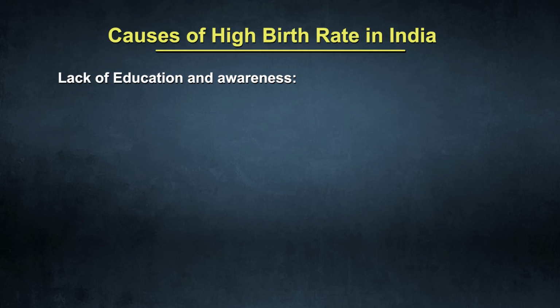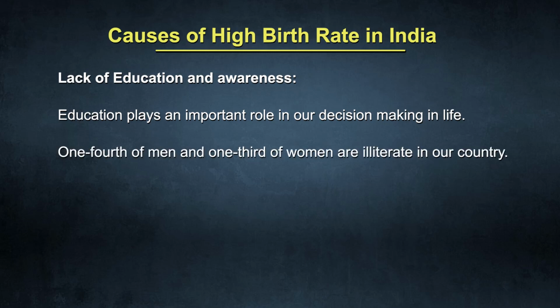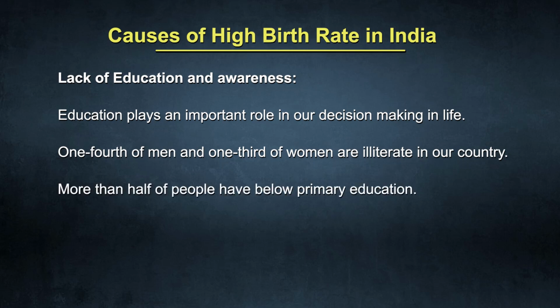First one is the lack of education and awareness. Education is a very important factor in our society, in the development process of a country. But in our country, more than 1/4 of the male people are illiterate, and more than 1/3 of the female people are illiterate. Not only that, the percentage share of people having an education level below primary is around 50%.